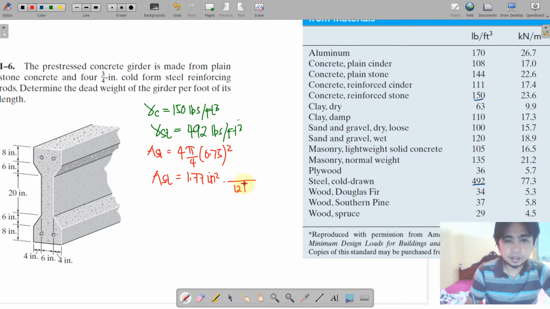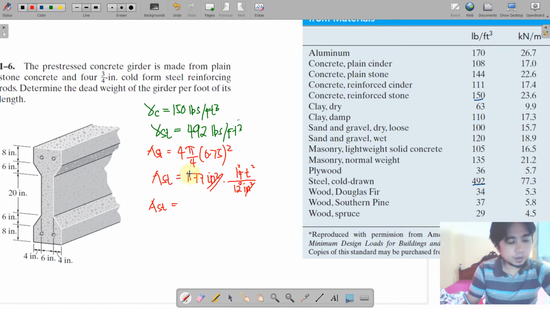So there are 12 inches in a foot, so all of this will be raised to 2. Okay, so area of steel will now be in terms of square foot.